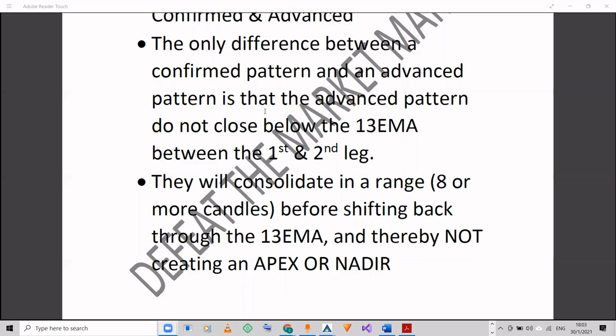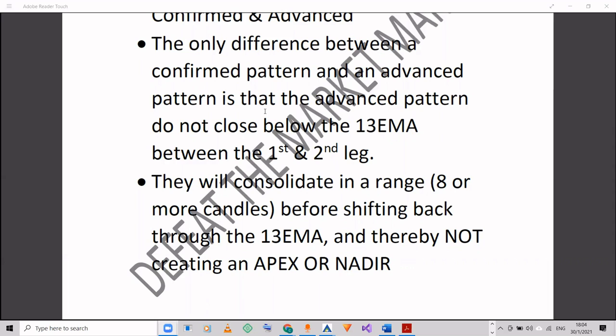So they will consolidate in a range, usually of 8 or more candles, from my experience and from the experience of this strategy, before shifting back through the 13 EMA, and thereby creating an apex or nadir. That's the other name, apex or nadir, but let's just use the easier term apex. So this is the apex being described. There will be consolidation in a range.